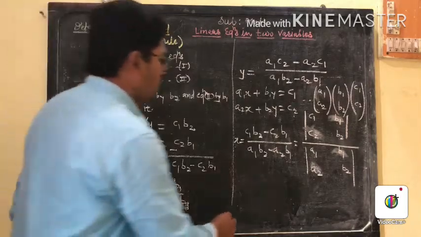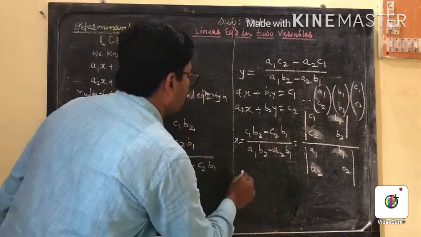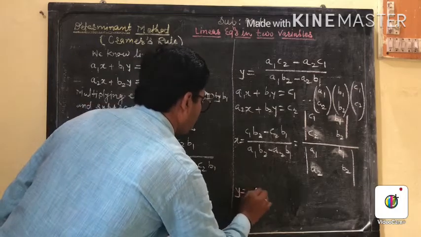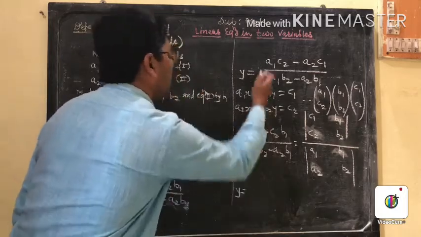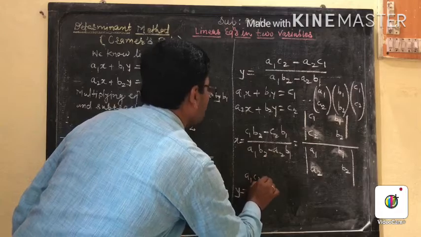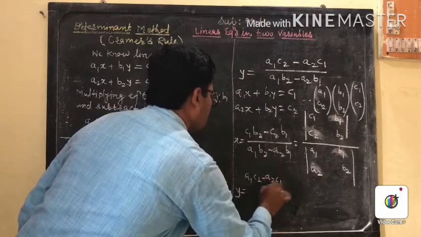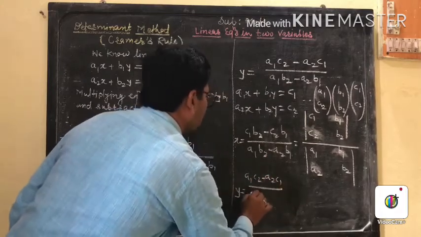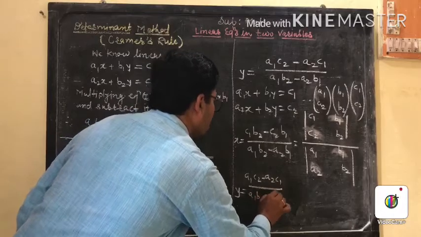Now similarly we can write the value of y also. The value of y is (a1 c2 minus a2 c1) divided by (a1 b2 minus a2 b1).